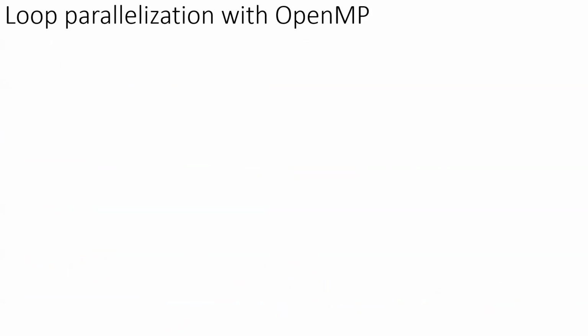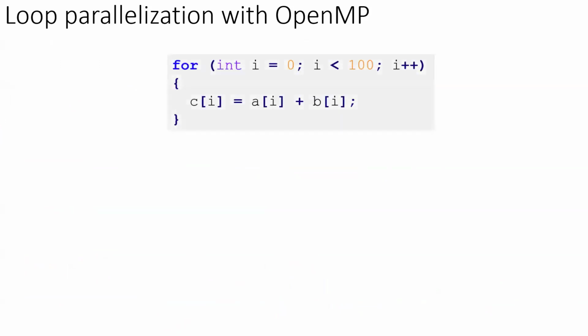So if we want to parallelize a for loop with OpenMP, say we have a for loop that goes from 0 to 99, which is 100 iterations. We do some sort of addition. We can simply add the line pragma omp parallel for.